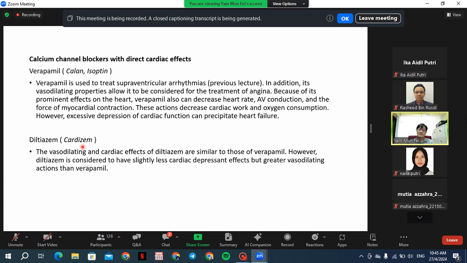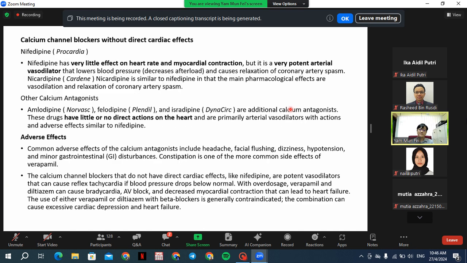Arrhythmia is irregularity in the contractions of your heart. It can be used to treat arrhythmia conditions because they are able to alter your AV conduction. Another type is calcium channel blockers without direct effect on your heart.